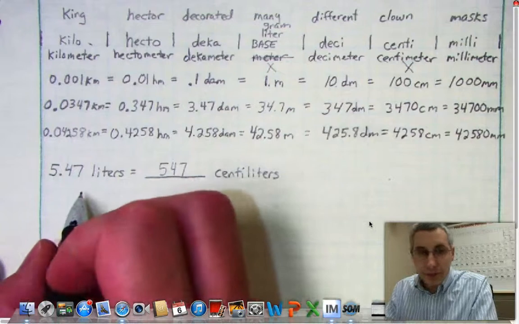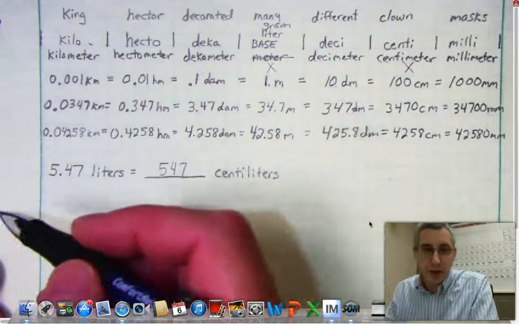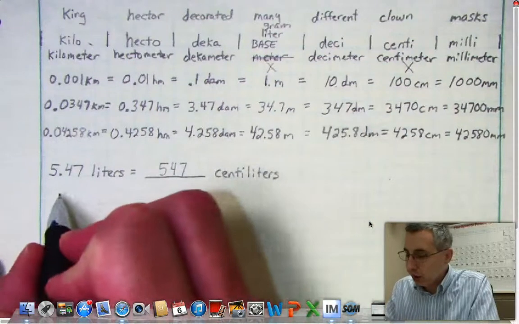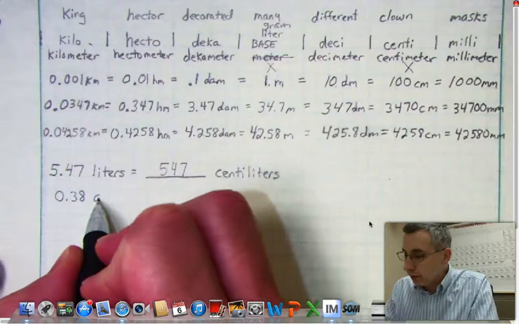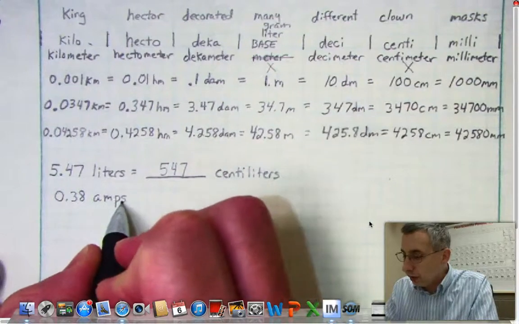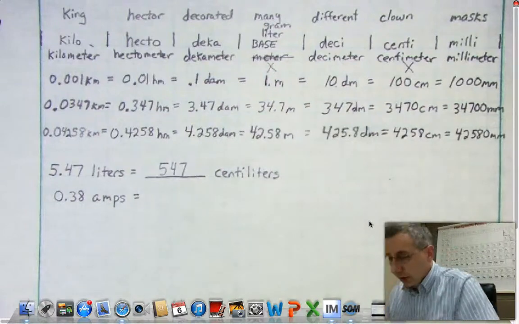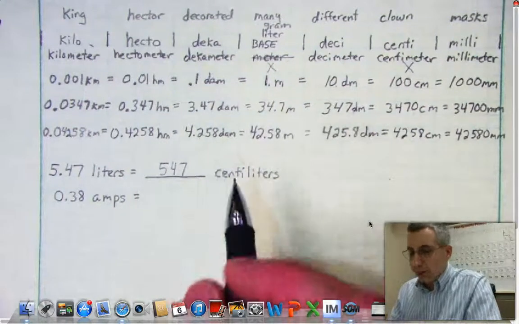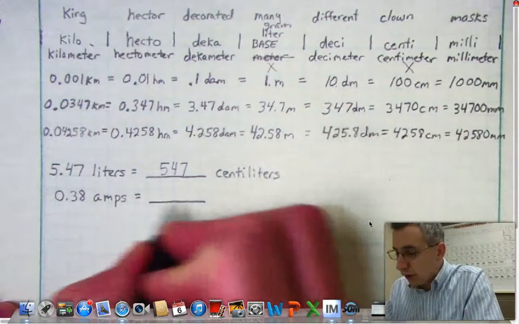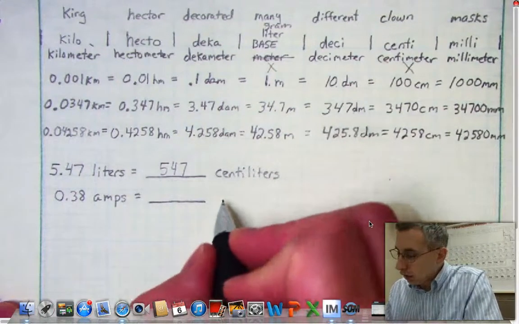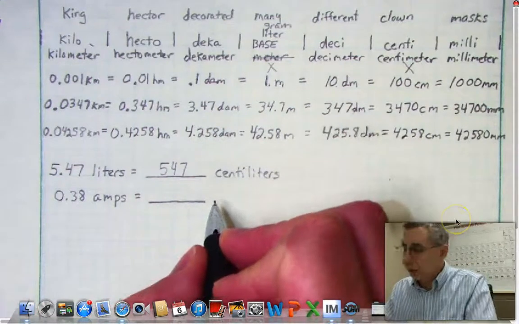Also keep in mind, the base unit could be something different. It might not be meter, liter, or gram. It might be a unit that you don't even understand or know very much about. That's fine. Maybe it's, for example, amps. Amps, that's a unit you use when studying electricity, when measuring electric current. But you don't need to know anything about amps to do a conversion, as long as you understand it's a base unit. So let's convert 0.38 amps into milliamps.